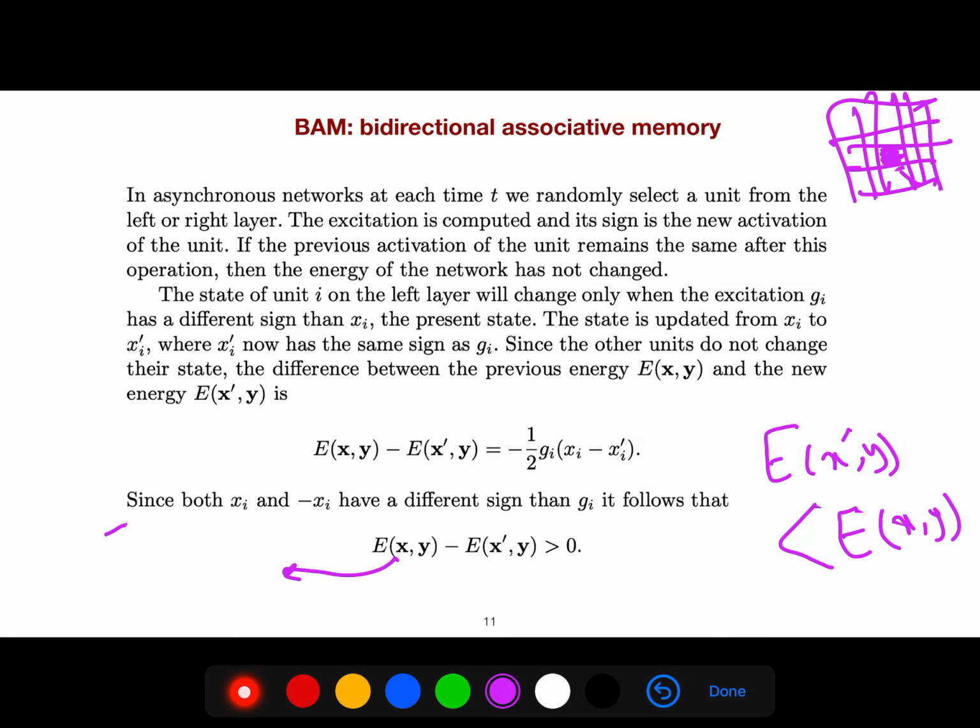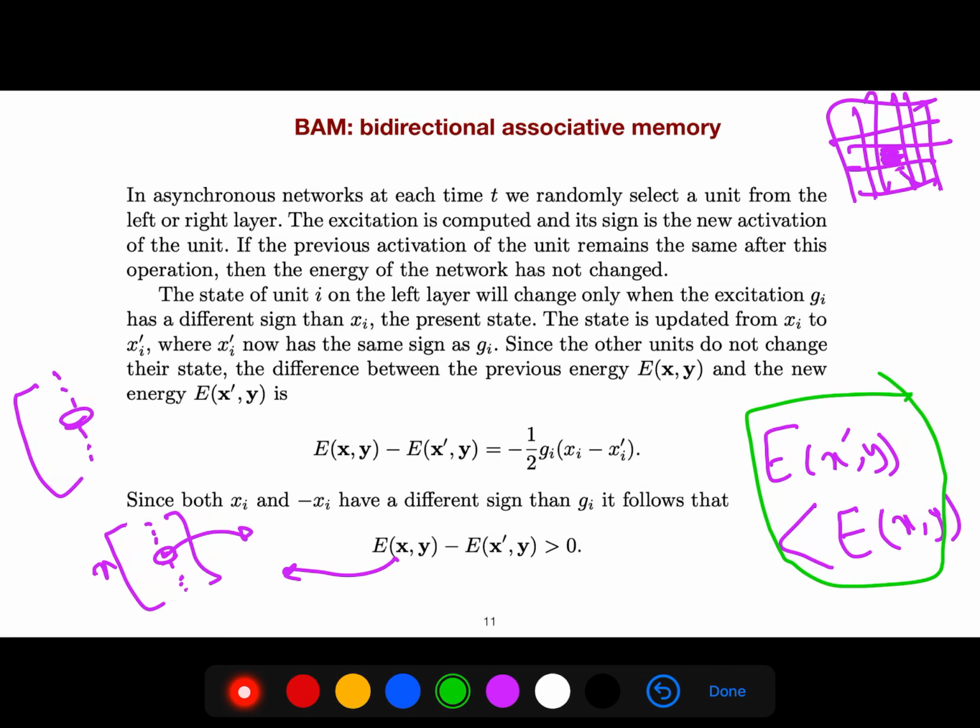This X is like many things, but just one of the coordinates is changed. So that's why we go from this X to X prime, where that specific coordinate is changed. So the energy of that is reduced.